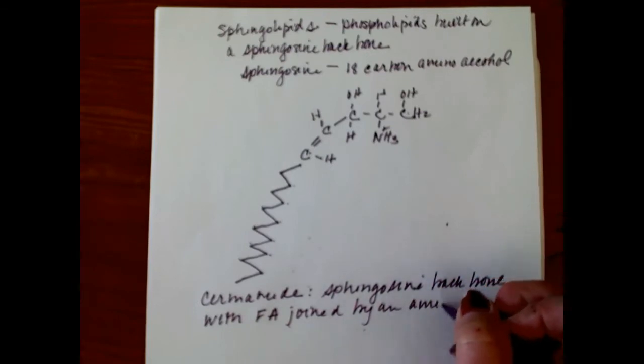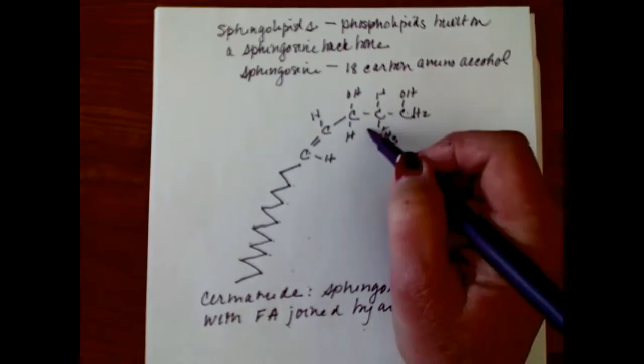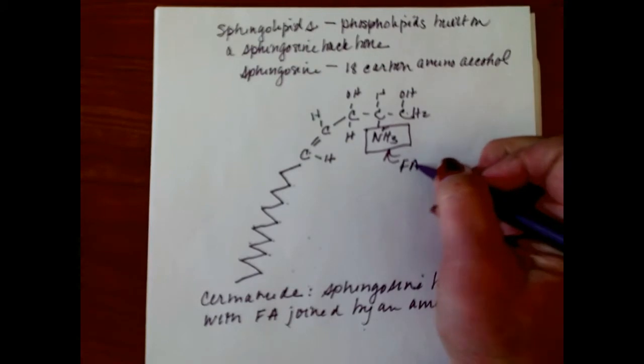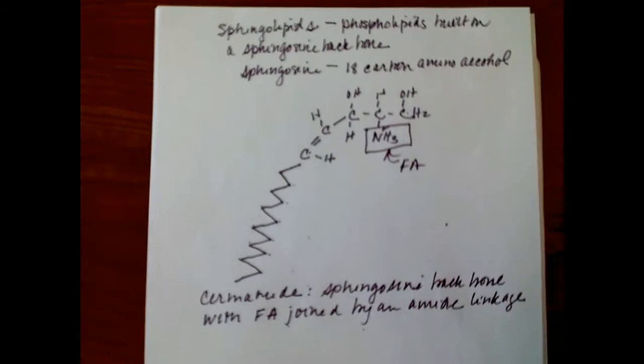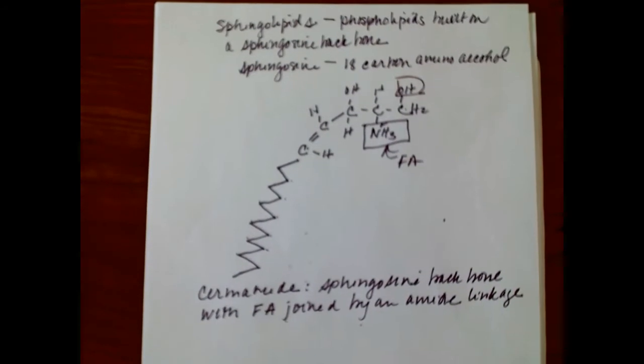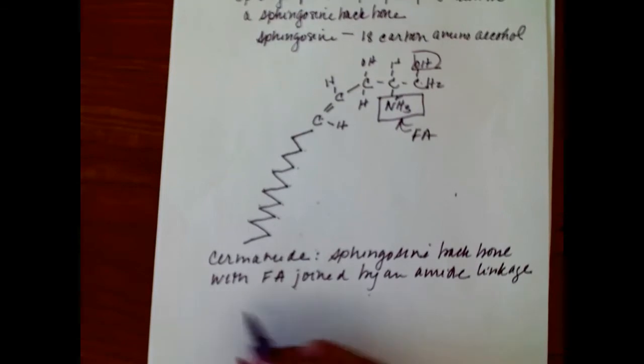So its linkage is through that amino group. So this is the site of fatty acid attachments. If we have sugars attached, they will attach through those hydroxyl groups. Okay. So we're going to look at the reaction here that occurs when a ceramide is formed.